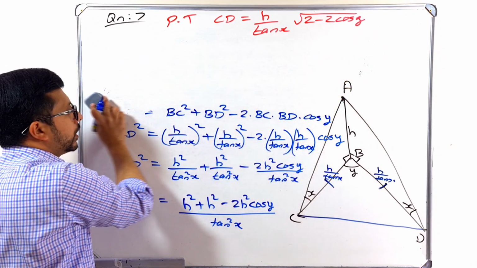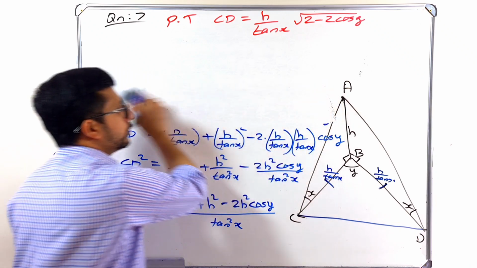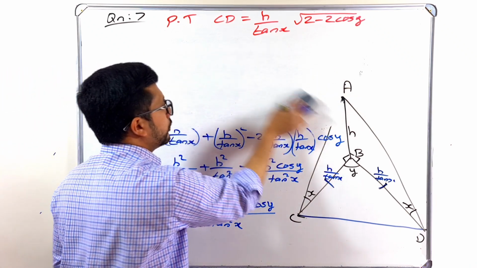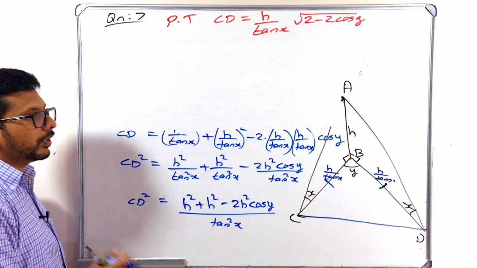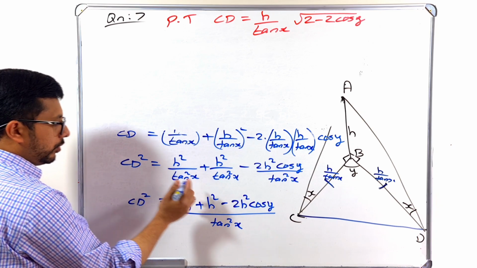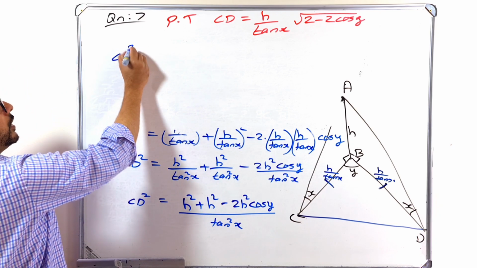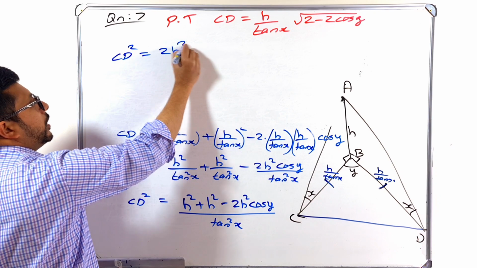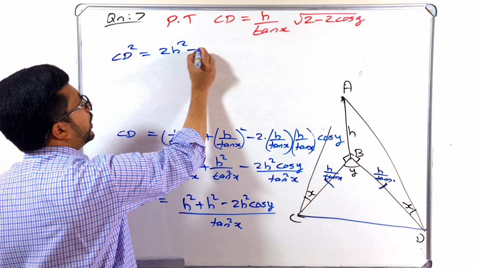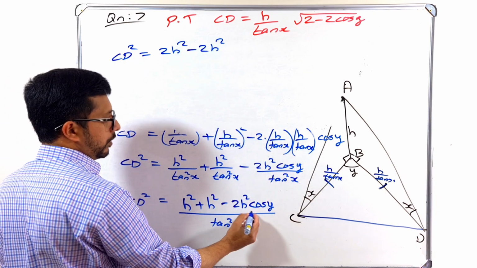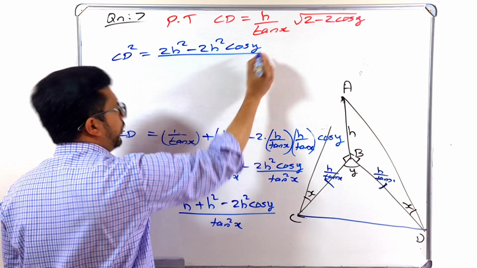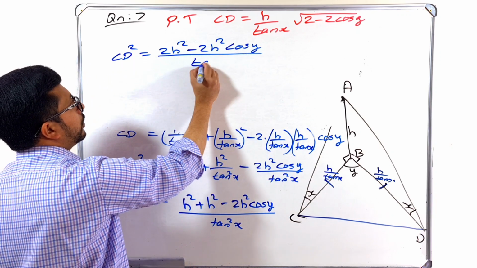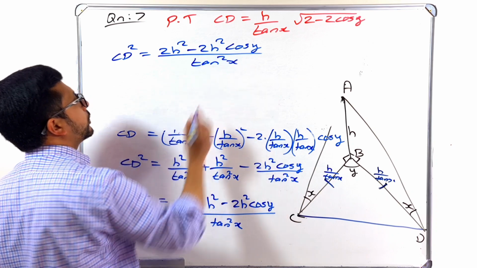Now what is the next step? h square plus h square is 2h square. So CD square is equal to 2h square minus 2h square cos y divided by tan square x.